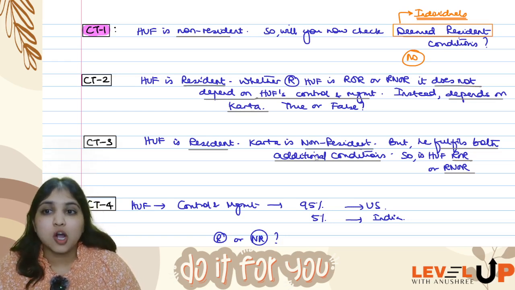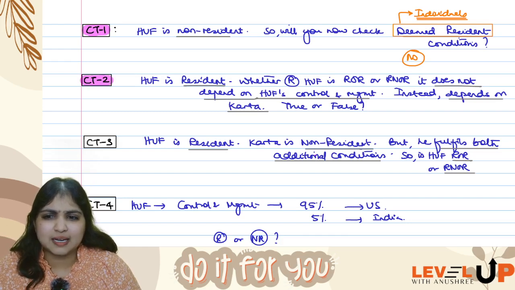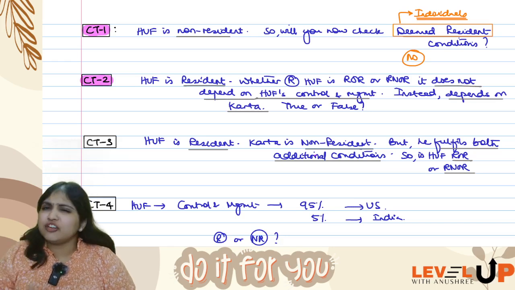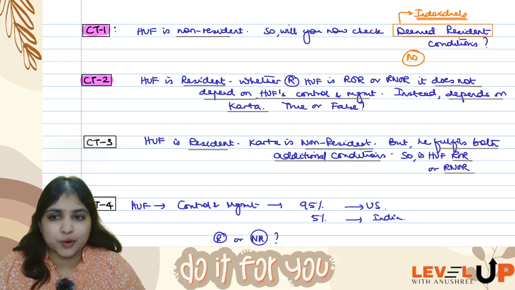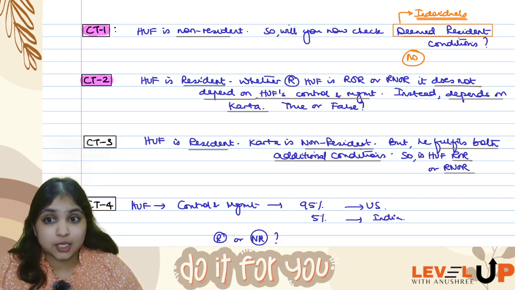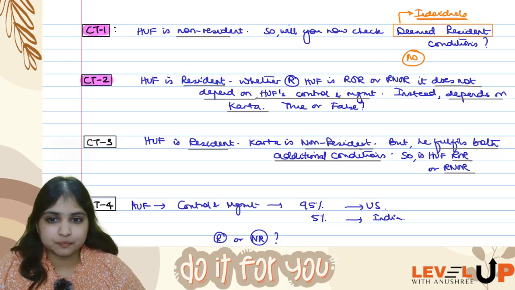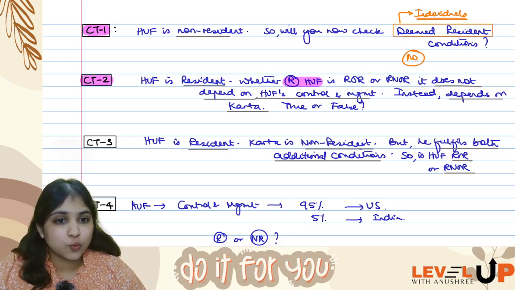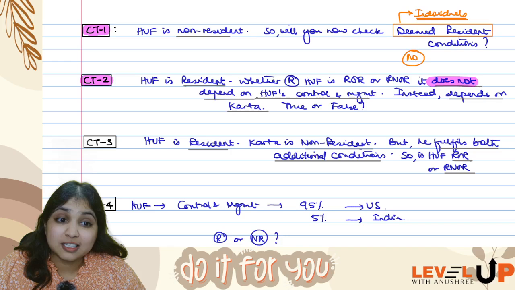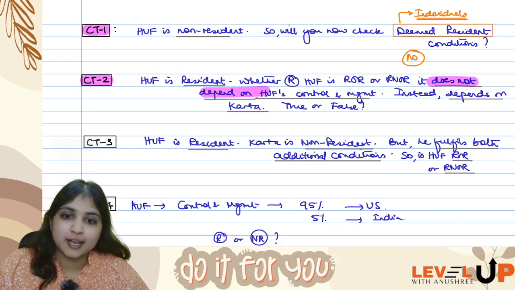Point number 1. Concept test number 2. Concept tests are nothing but those points on which they can twist the question, which generally students overlook. Look at the second point now. Read it carefully. Very interesting point. HUF is a resident. Whether the resident HUF is ROR or RNOR, it does not depend on the HUF's control and management.